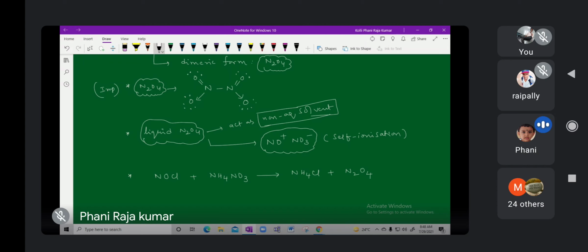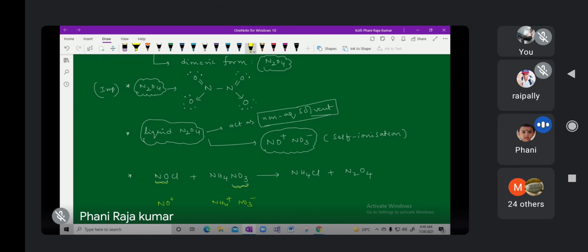One reaction I mentioned like this. So here we have NOCl, here we have ammonium nitrate. I am highlighting NO here, I am highlighting NO3 here. NH4NO3 means NH4 plus and NO3 minus.